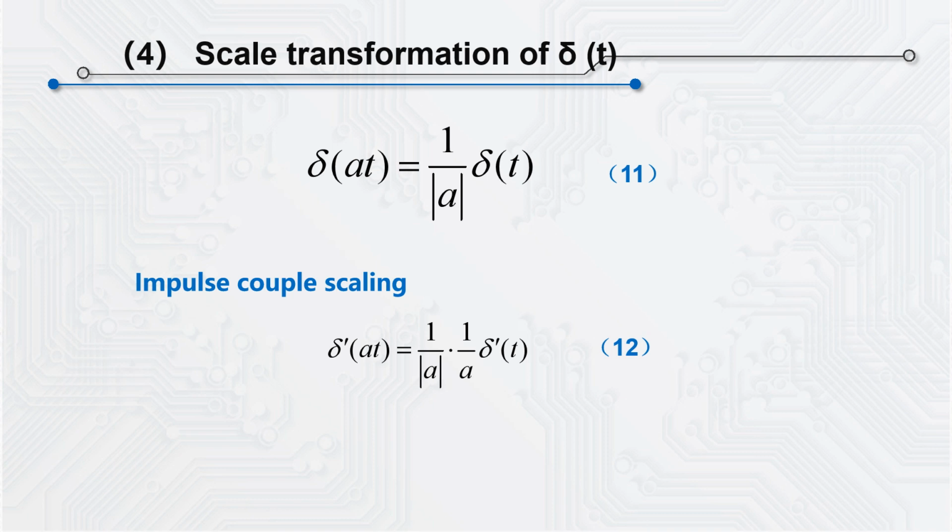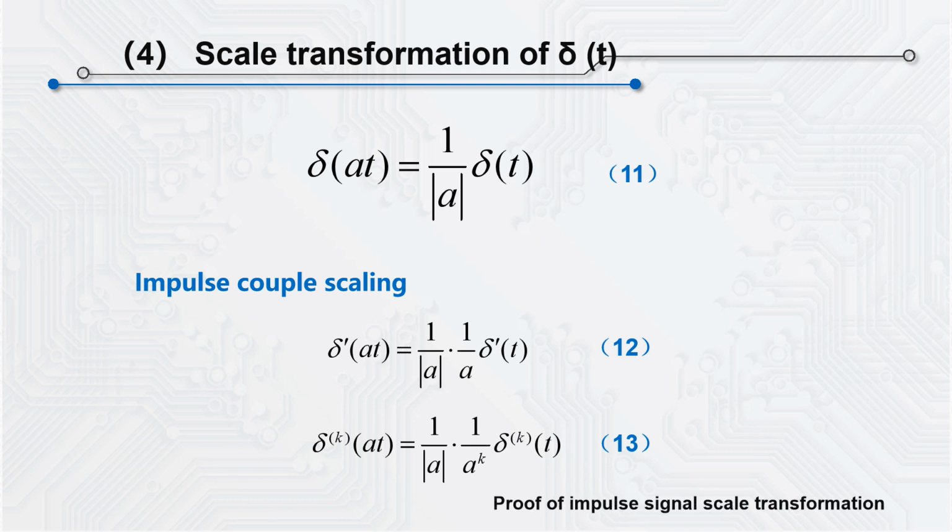It is also different from the scale transformation of general functions. The amplitude value of this function has changed. Similarly, the k-th derivative of δ(t) can also be scaled. The result is formula 13. Scale transformation of impulse signal can be proved in this way.